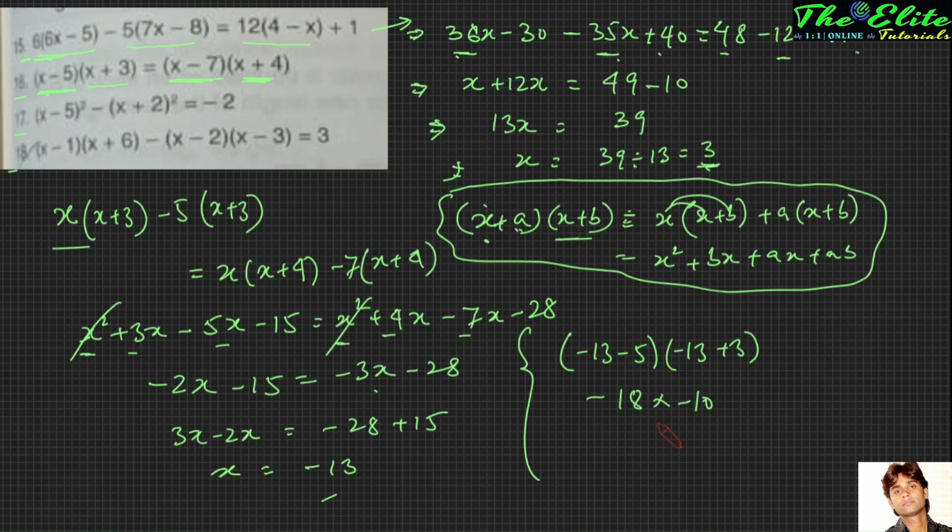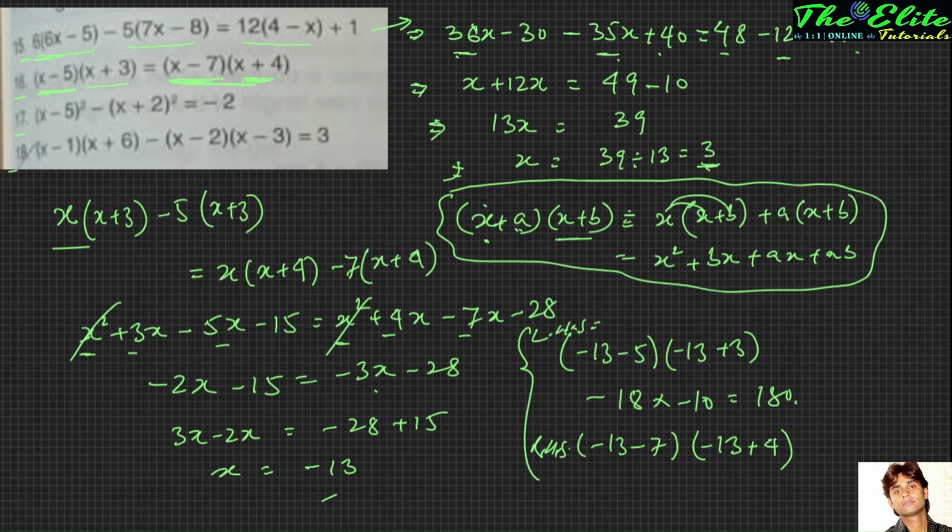Yes, minus 10. So this gives you how much? 180. Now we will check whether this is also giving us 180. So minus 13 minus 7 multiplied by minus 13 plus 4. Isn't it? This is your right hand side and this was your left hand side.